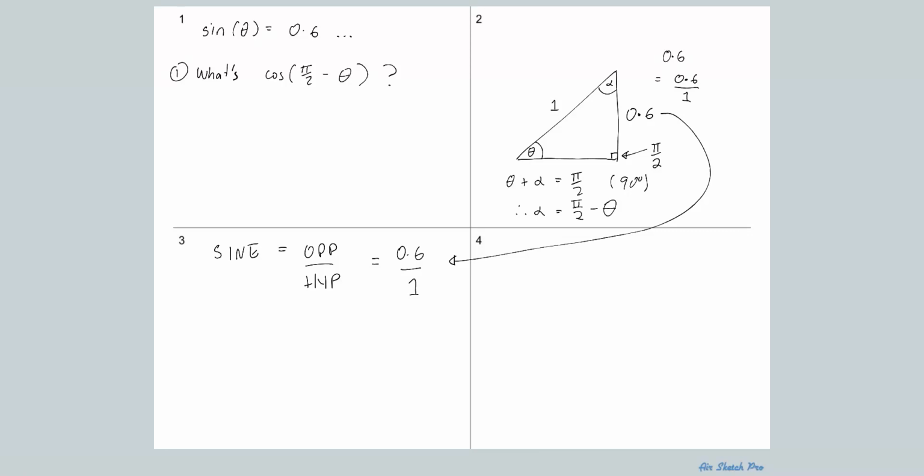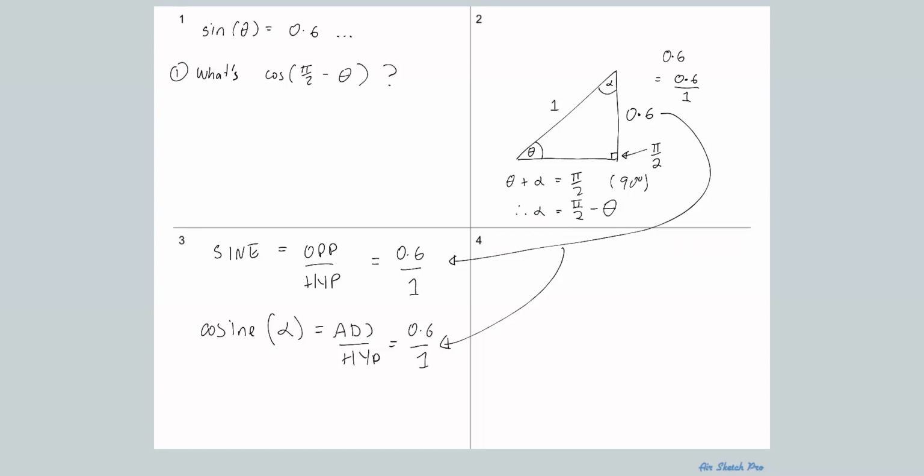So we will have the cosine of alpha being adjacent over hypotenuse, which also equals 0.6 over 1. In other words, it evaluates to the same number.